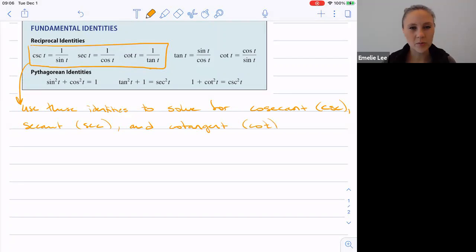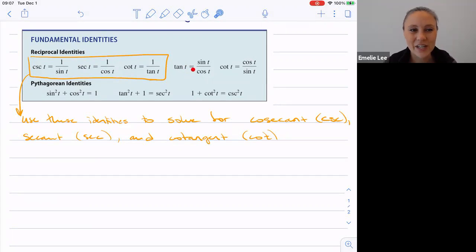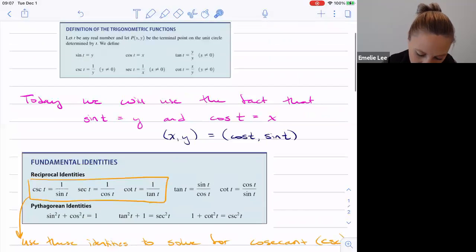I realized that I probably just assumed that you knew what those were, and I think that's pretty fair. But I did realize I should probably tell you how to say these. So CSC is cosecant, SEC is secant, and COT is cotangent. Okay. We've also got these additional identities, right? That the tangent is sine over cosine. That's linking back to here.